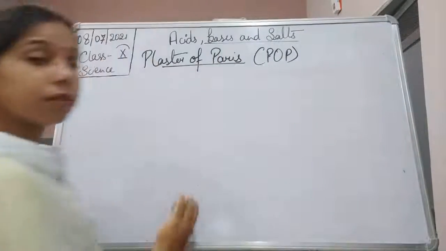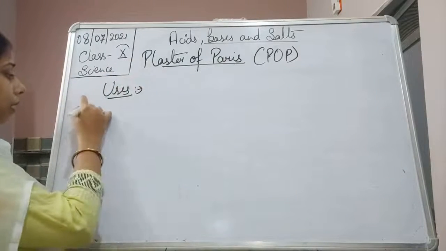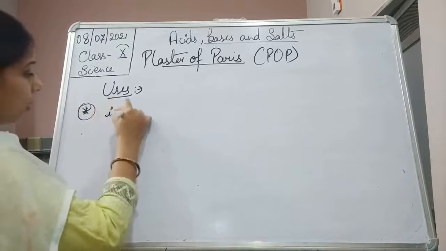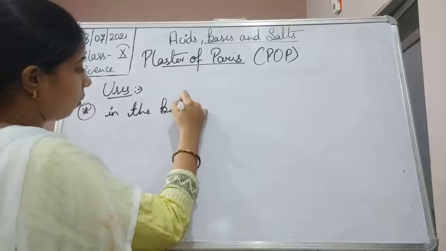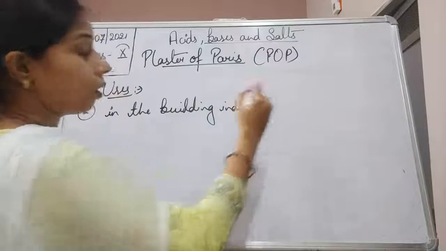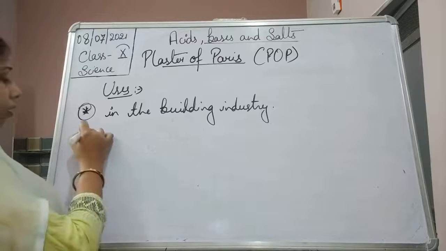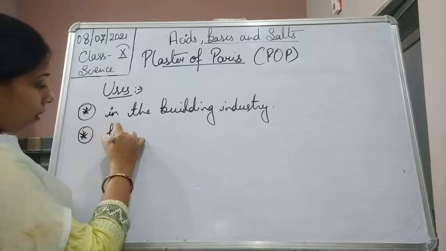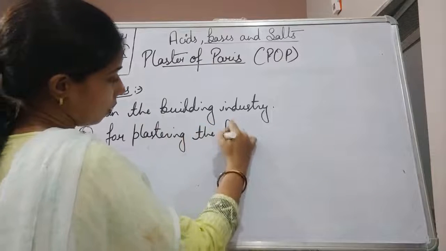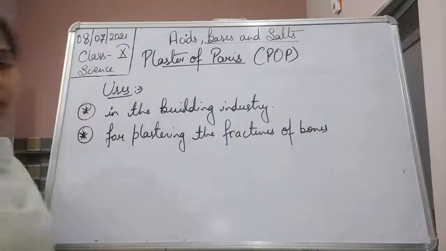There are a lot of different uses of plaster of Paris. Let me write a few points. It is used in the building industries. It is also used for plastering fractures of bones.